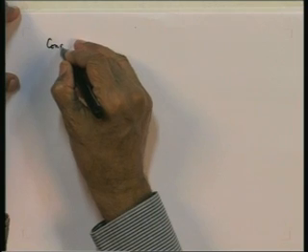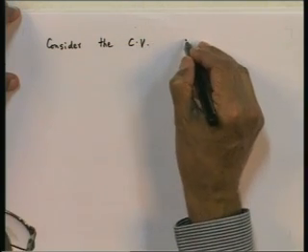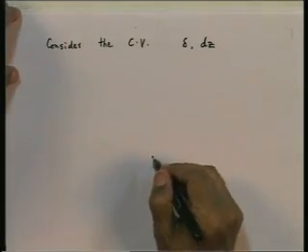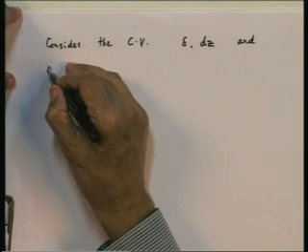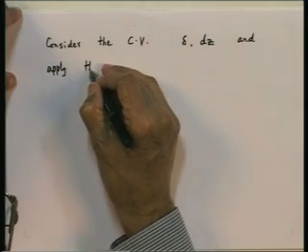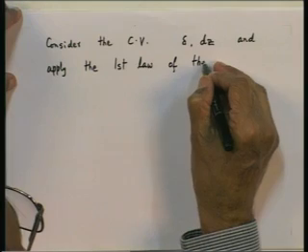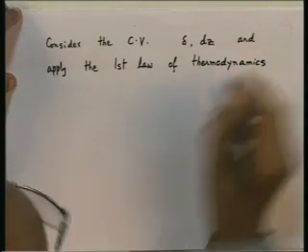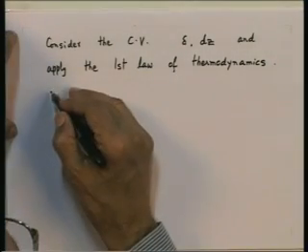So, we say consider the control volume, the slice delta dz, neglect subcooling, consider the control volume and apply the first law of thermodynamics. Neglect subcooling, as I have said, that is one of our assumptions.